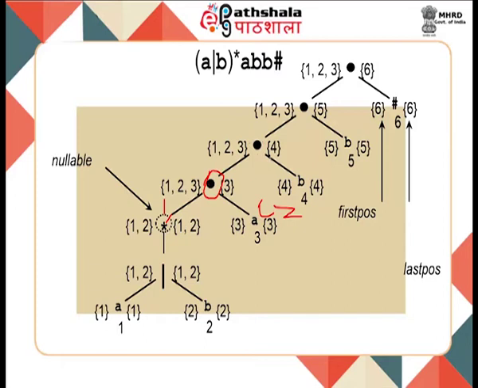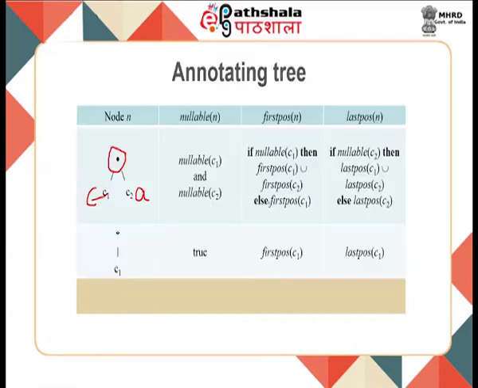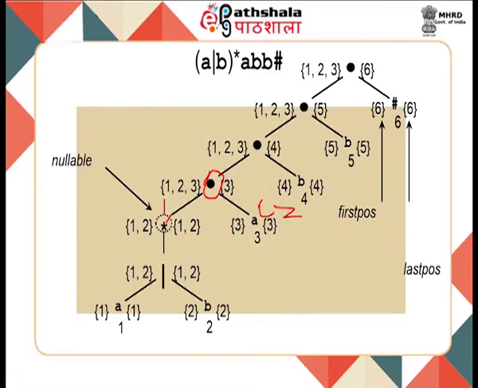If C1 is nullable, it is the union of the two. If C1 is not nullable, then it is simply first position of C1 alone. So for this node first position of C1 is 1, 2, 3, and similarly last position of this node will be last position of C2, which is only 4.